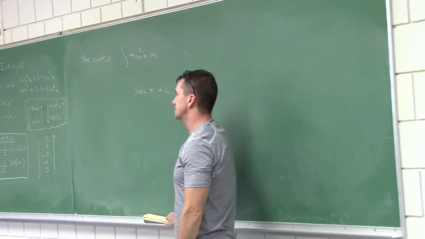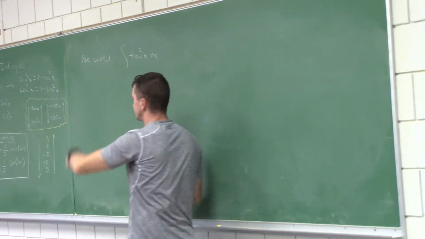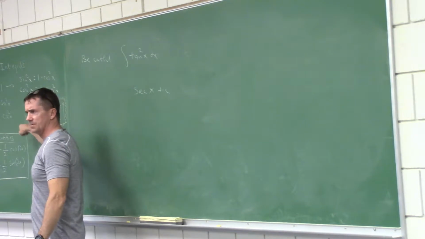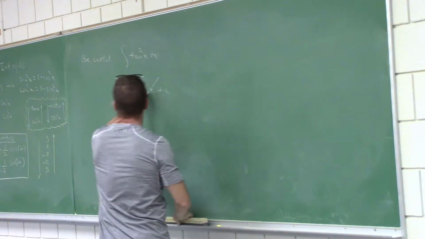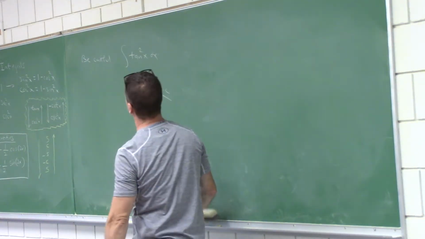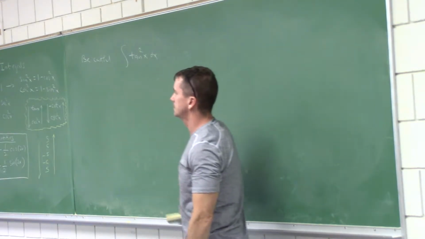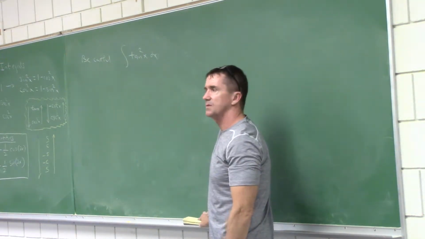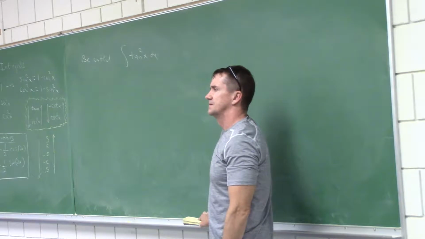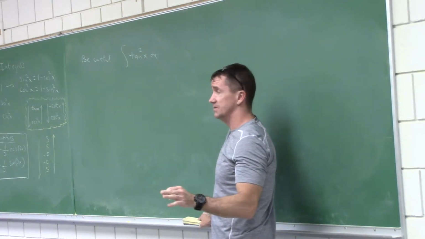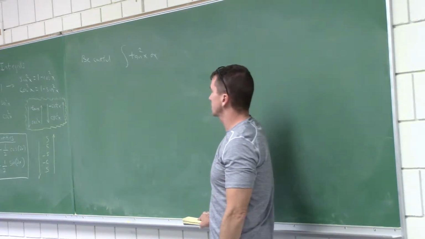The derivative of secant is secant x tangent x, and the derivative of tangent is secant squared. It sounded familiar, right? But this problem shouldn't be too bad. What if you just got a tangent squared x by itself? I think you'll find this one, compared to the last few, a lot quicker.